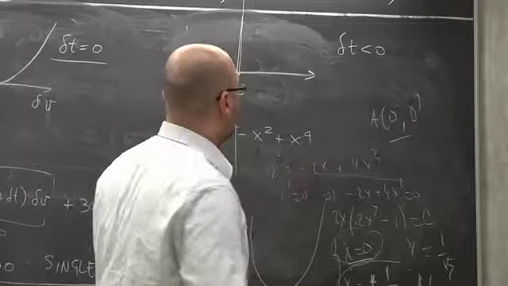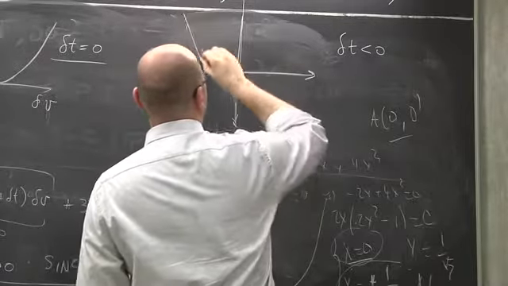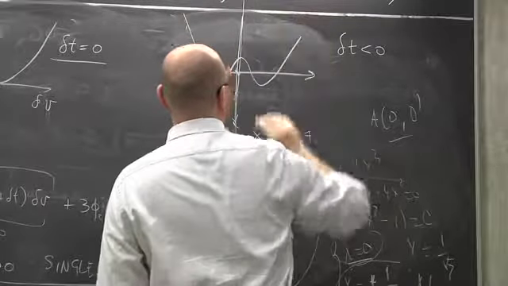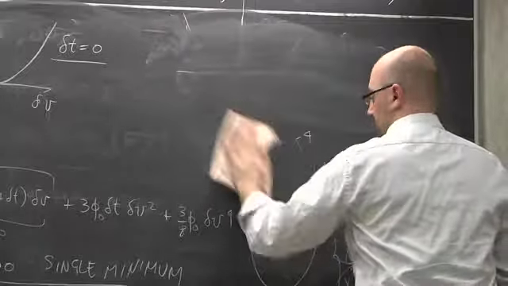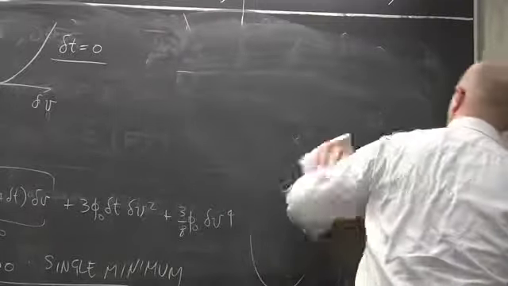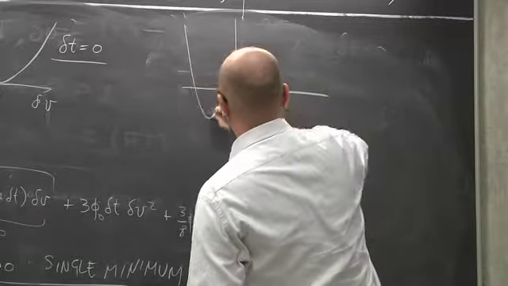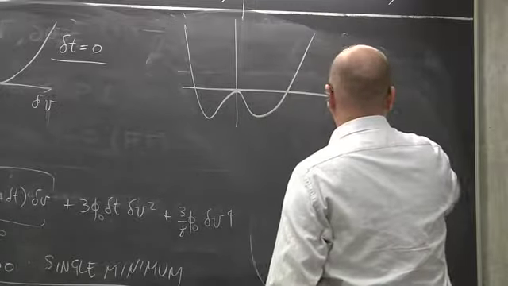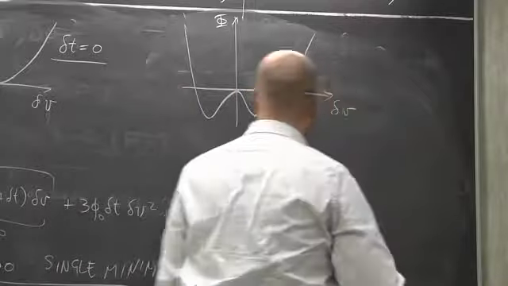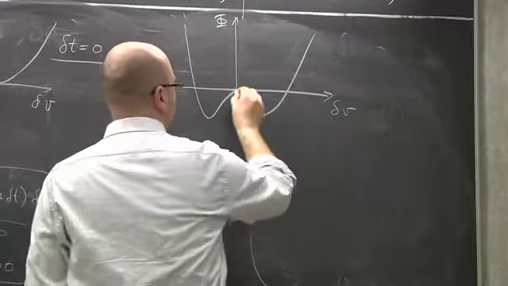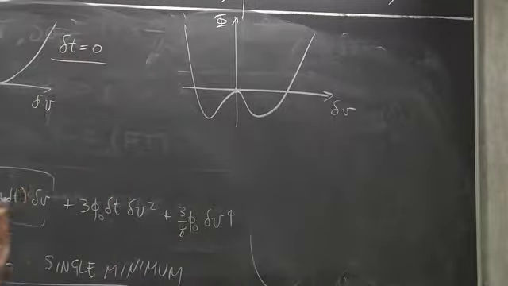So there is 1 maximum and 2 minima, and the function goes like this. This is the local maximum, and these are the local minima. There are two of them.